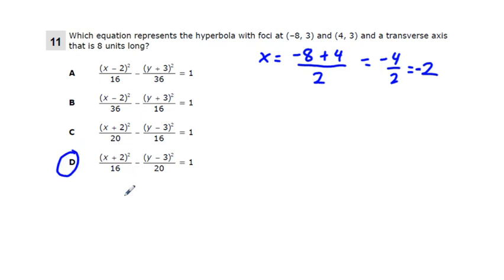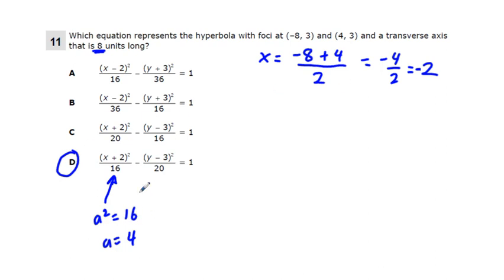Because our semi-transverse axis is going to be the square root of that, because a squared is going to be equal to 16. So therefore a is going to be equal to 4, and that's what will work out for a transverse axis of 8, the semi-transverse axis being 4. So D is our correct answer.